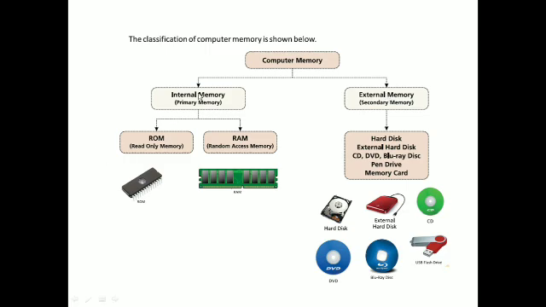Then examples of internal memory: ROM. ROM is read-only memory. ROM contains instructions and programs that are essential for a computer to operate. It is mainly located on the motherboard. It is a chip.